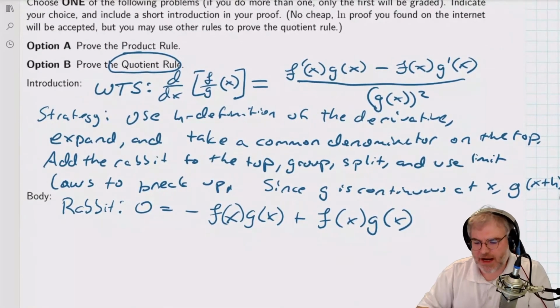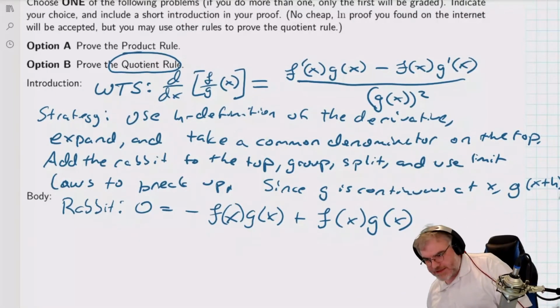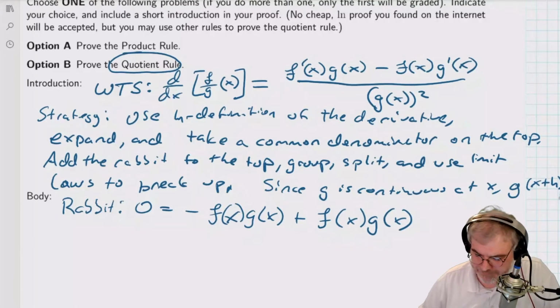Okay, so what I'm going to write is the steps here, the strategy. And again, I haven't looked at this in a year, so it might be embarrassing. But I'm going to say what I want to do: I'm going to use the definition of the derivative, expand, take a common denominator at the top, add the rabbit to the top, group, split, and use the limit laws to break out.